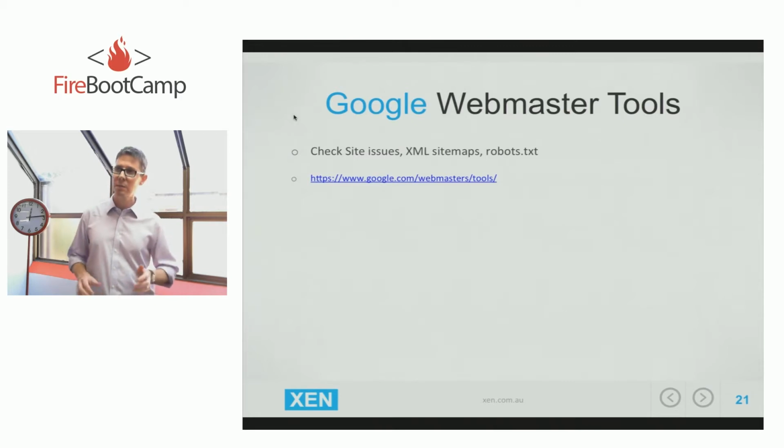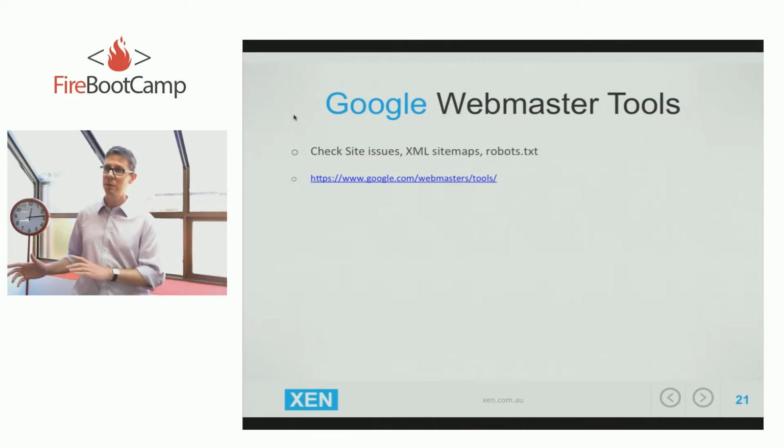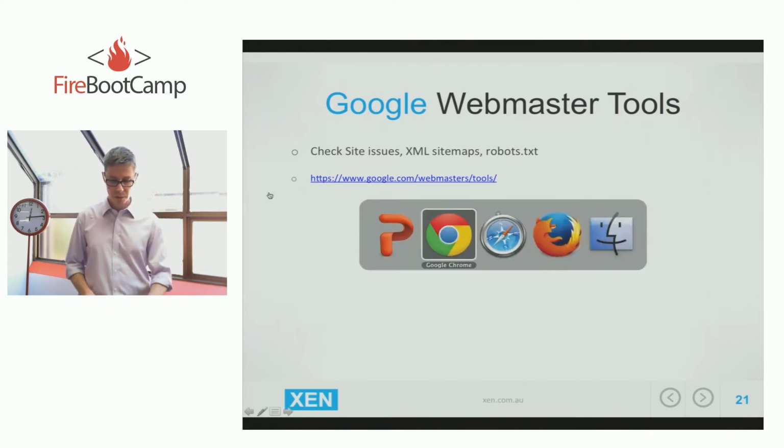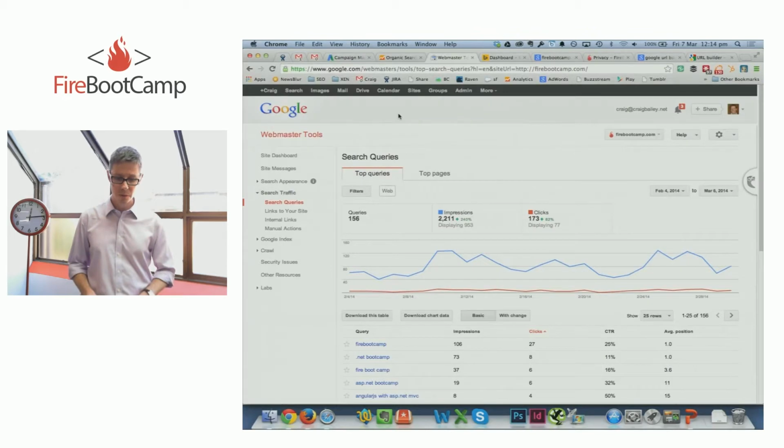And they're not so much about reporting on what people are doing on the site, but more about how the site's performing and any issues with them. So I'll just give you a bit of an intro to Google Webmaster Tools. Again, you'd normally set up your Google account and create a Google Webmaster Tools account and then submit your site.